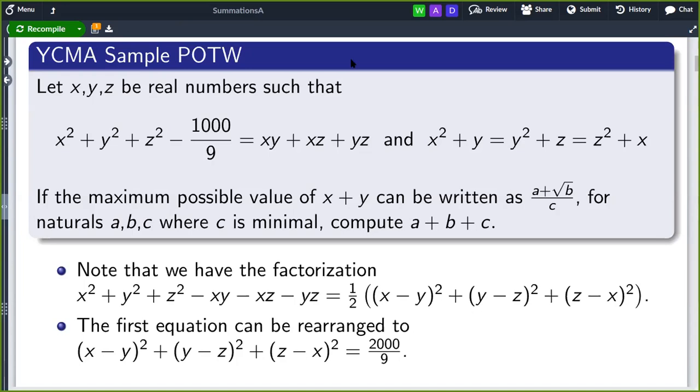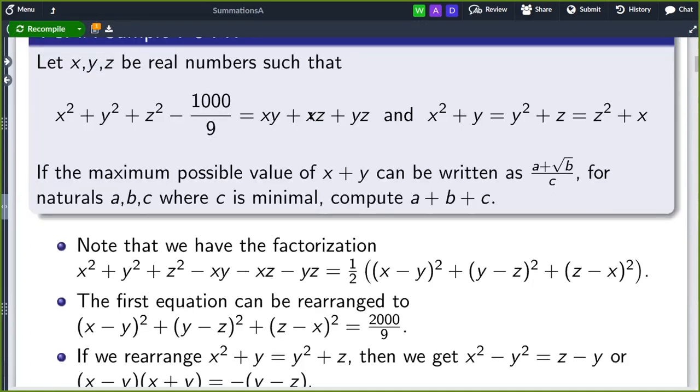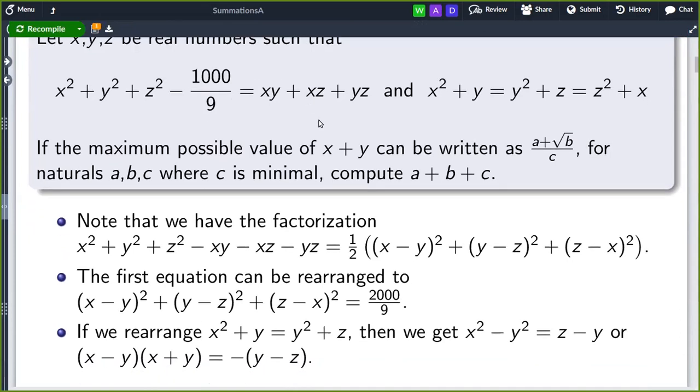Okay, nobody said anything, but let's start simple and set two of those expressions equal to each other, like x squared plus y equals y squared plus z, right? Then we can try rearranging that to get a difference of squares, and so we get (x minus y) times (x plus y) equals negative (y minus z).